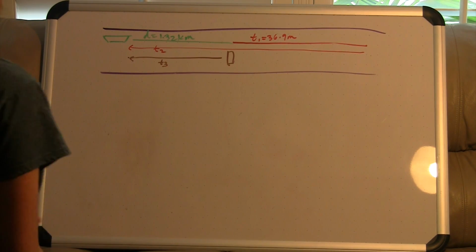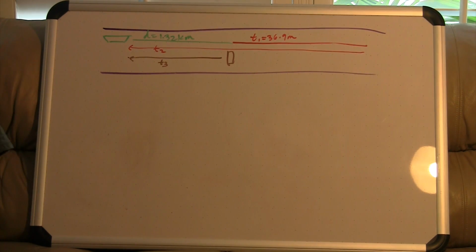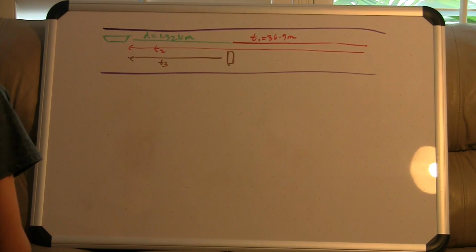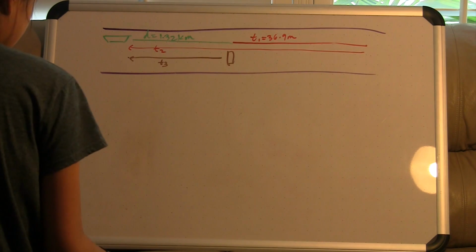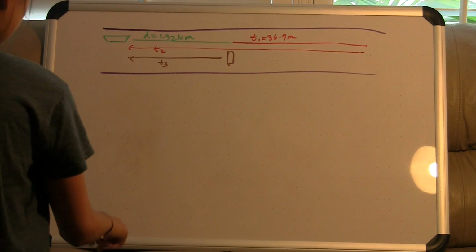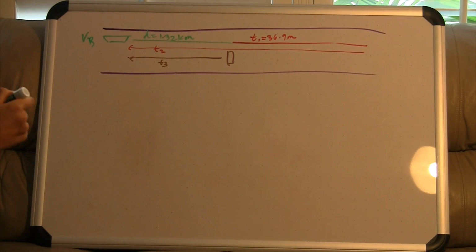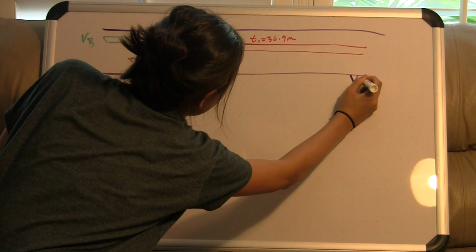Now we have to label our different velocities, because our boat is traveling at one velocity as it's going upstream, against the current, and then when it's going downstream, it's traveling with the current. So let's call the velocity of the boat VB, and the velocity of the river, the rate of the current, VR.